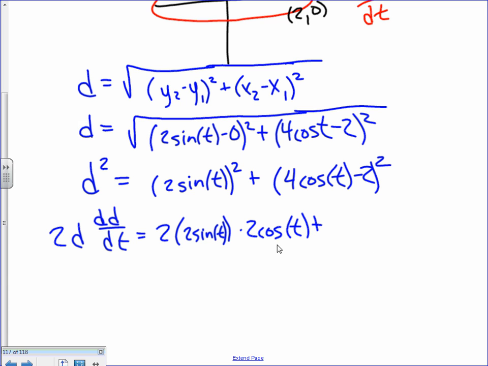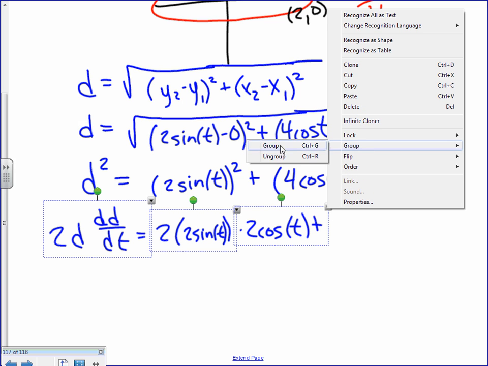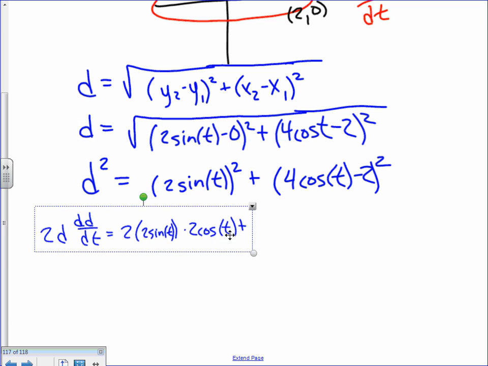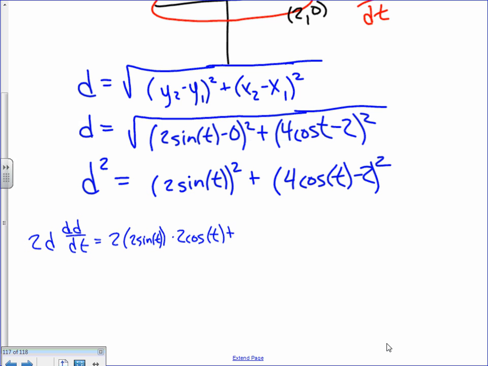Maybe I should give myself a little more space already. Group these together, make them a little smaller. Okay, this one becomes the derivative of the outside: bring down the 2, plug in the whole inside, 4 cosine of t minus 2, and then times the derivative of the inside, let's be smart with our negatives, times negative 4 sine of t. Okay, there's my whole derivative.